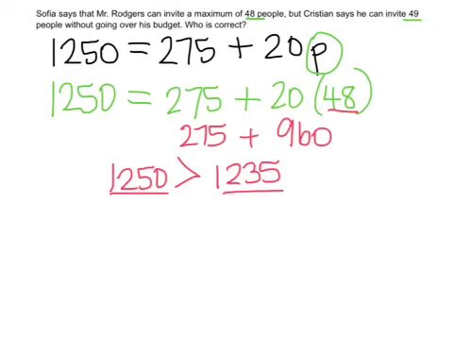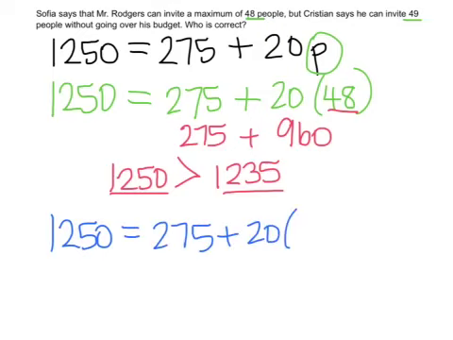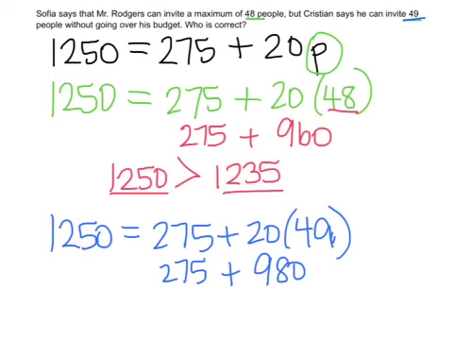So let's go ahead and take what Christian says. So we'll say 1,250 equals 275 plus 20 times, instead of 48 people, Christian says 49 people. So 20 times 49 is 980 plus 275.